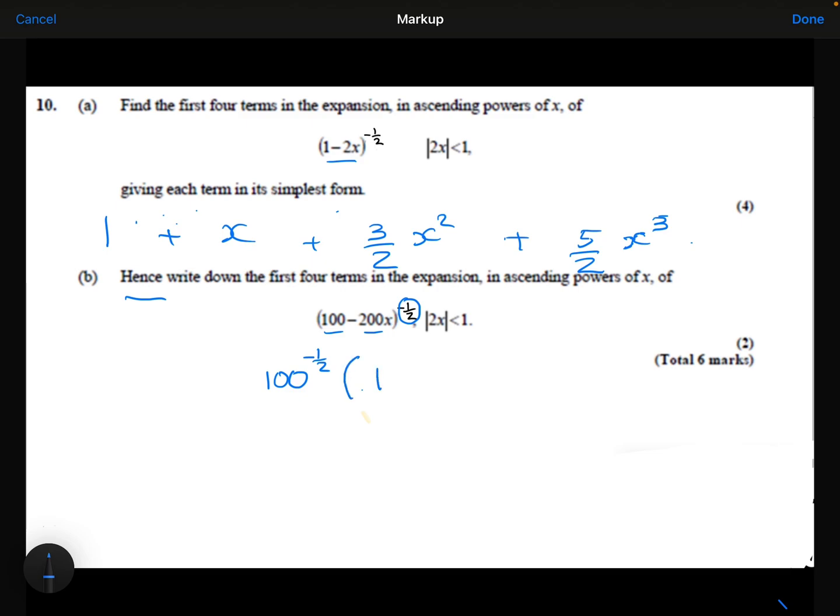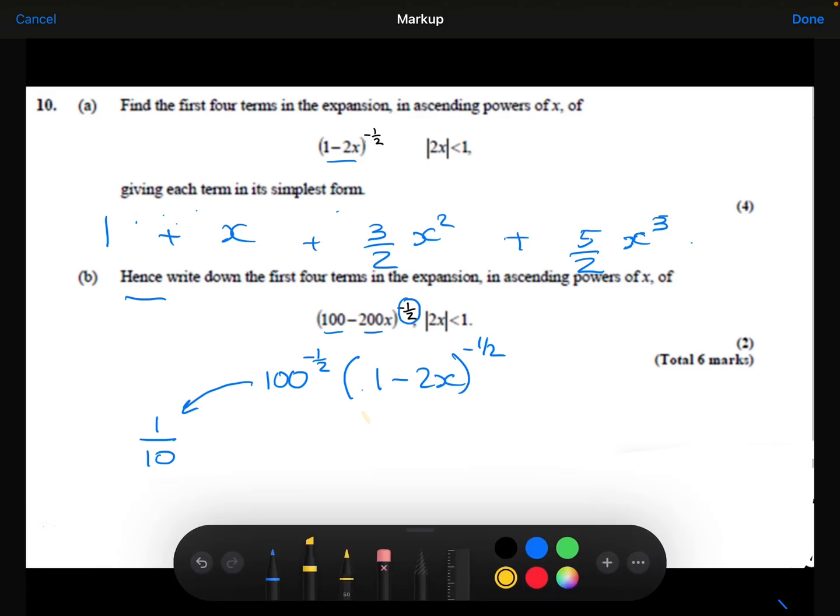But then the inside will just be 1 minus 2x to the power of minus 1/2. Right, now 100 to the power of minus 1/2, so the half means the square root, so square root of 100 is 10, and the minus means 1 over. So 100 to the power of minus 1/2 is 1/10.